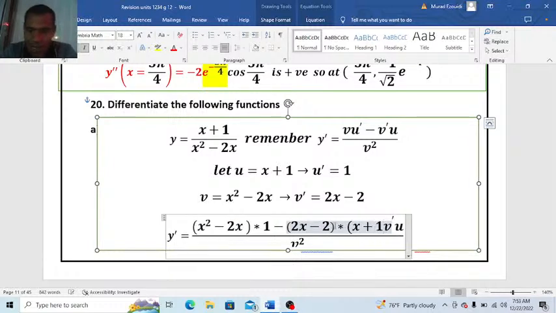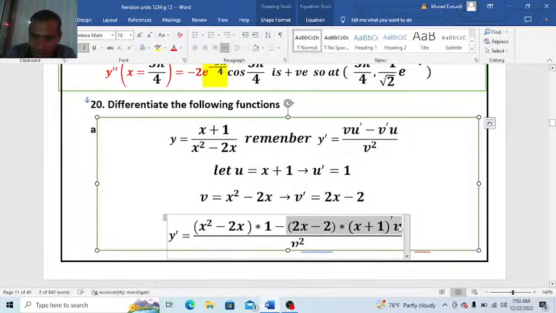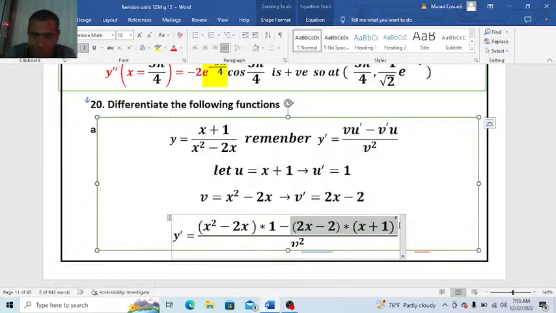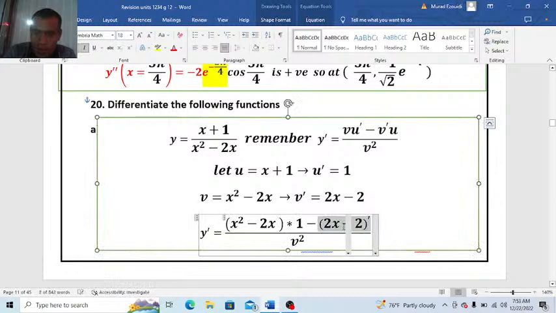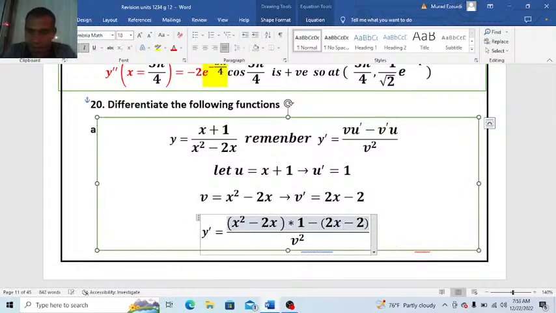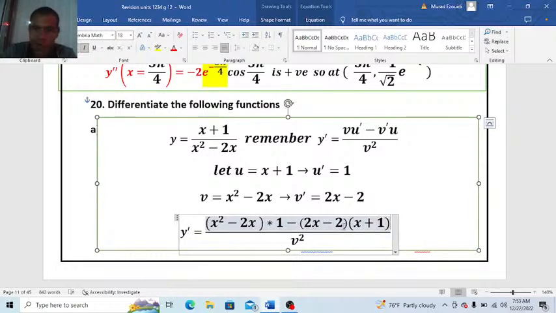Then I will expand and simplify, all divided by what? Minus (2x minus 2) multiplied by (x plus 1), then I will close my parentheses.